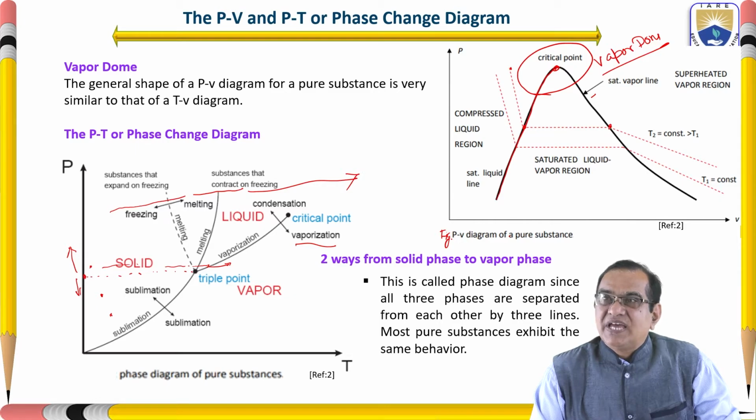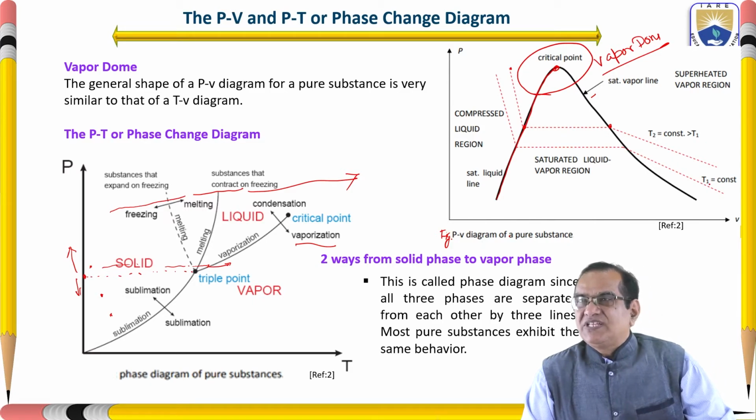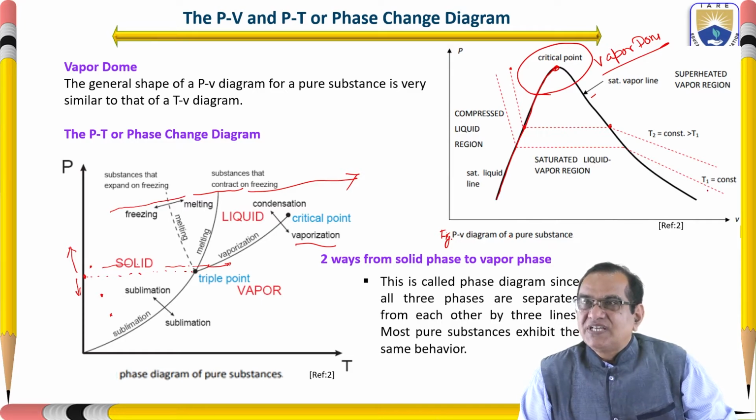As it reaches the saturated vapor line, again pressure and temperature remain constant. T2 is greater than T1. So here also T1 is constant. T2 is always greater than this T1.